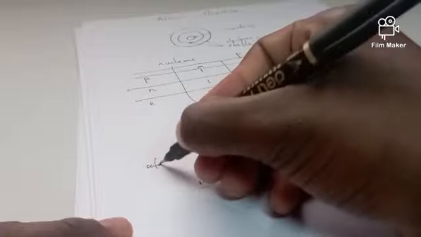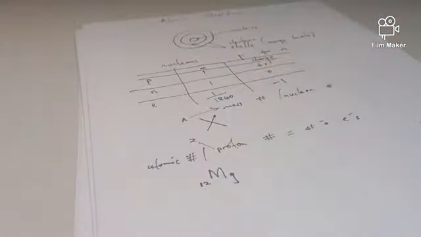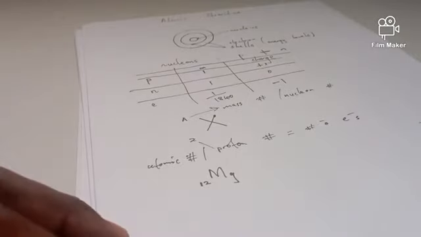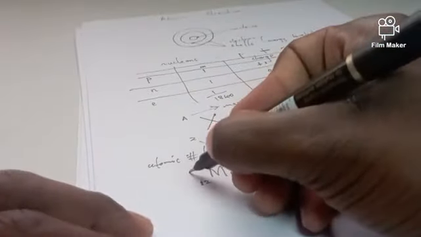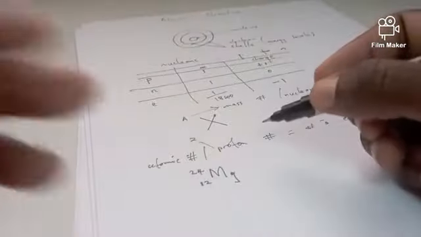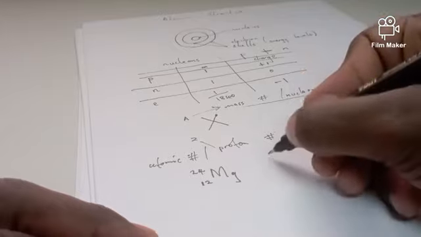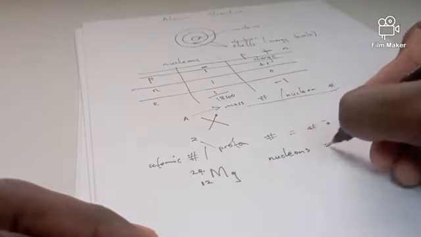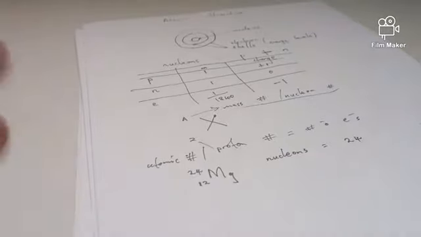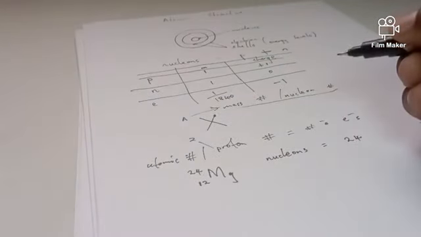So it has an atomic number of 12 and a mass number of 24. That means the mass number 24 is also the nucleon number. So the number of nucleons that we have here is 24.